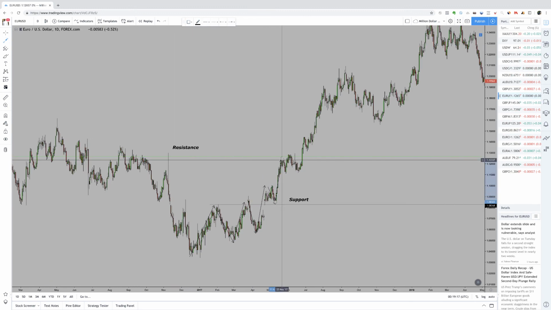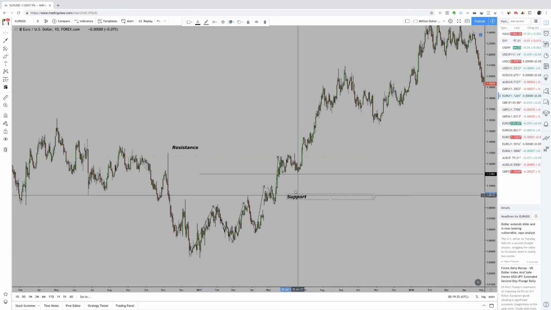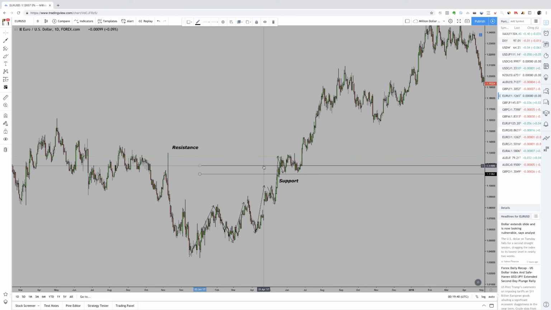Price come up. Price come down. Notice that we're going to make a new line of support. We're also going to have a new little line of resistance. Just identifying support and resistance.